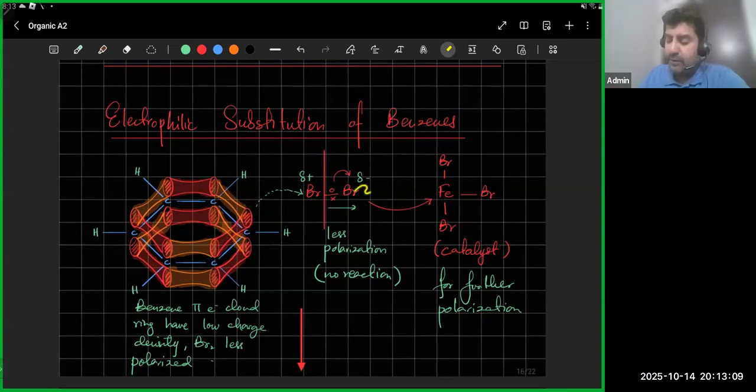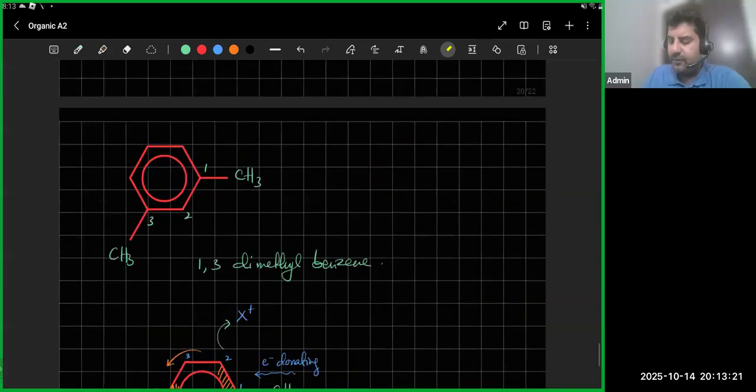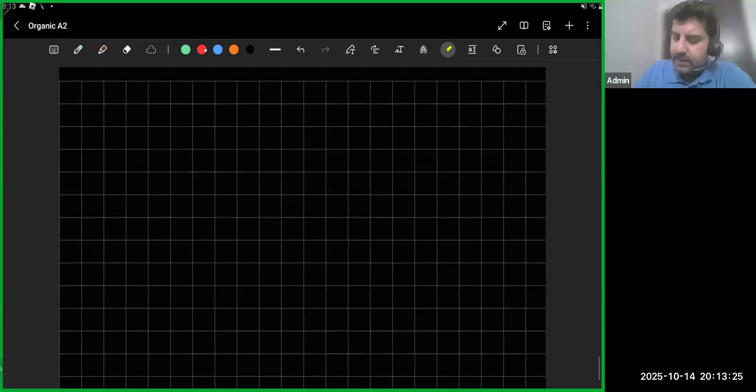So the charge density was very low, which is why the bromine molecule was not polarized a lot, which is why you needed a catalyst at the other side that would increase the polarization, which would not be the case with phenols. In phenols, you don't need a catalyst. So if you go back to phenols, the main difference is no catalyst is required.